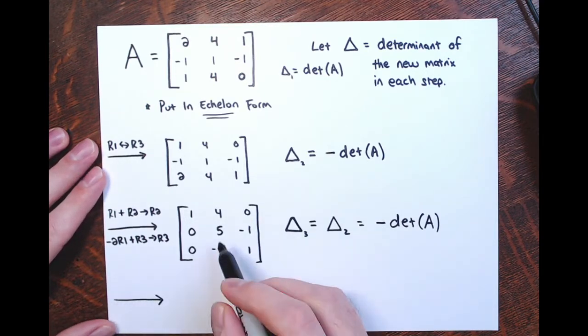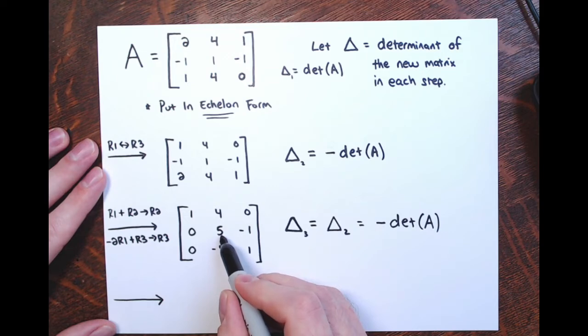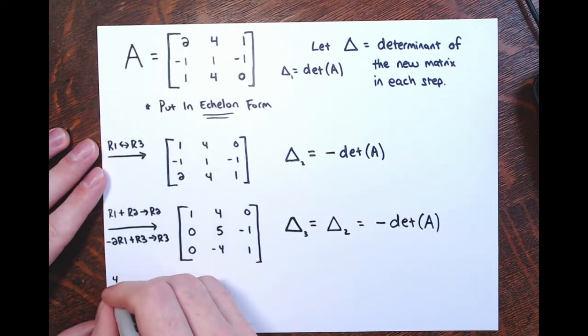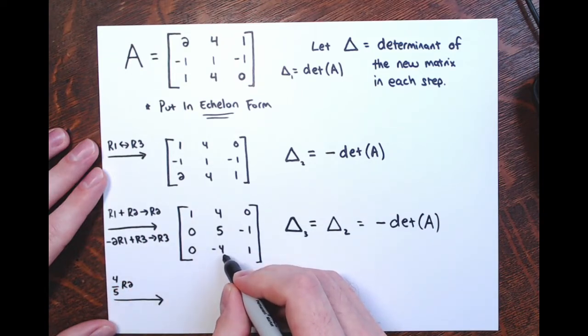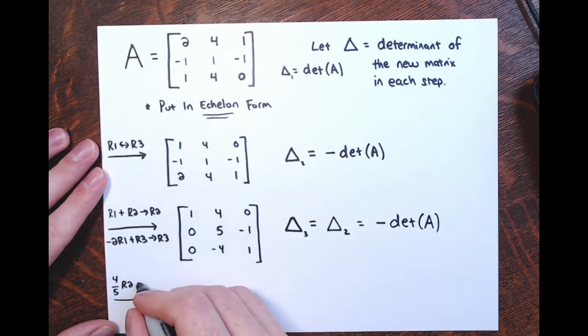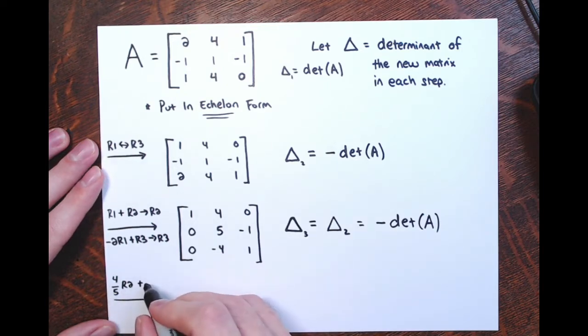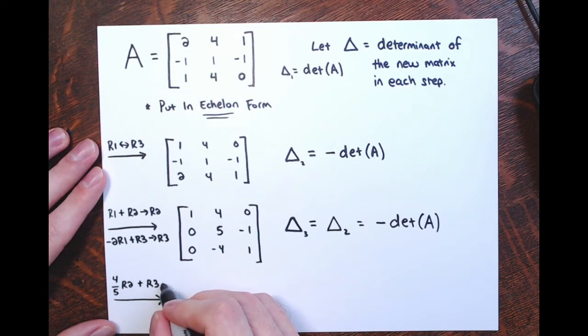So I'm going to take 4/5 of the second row, because that'll make that into a 4, and then add it to the third row, which would make this into a 0. So I'm multiplying the second row by 4/5, adding it to the third row, and that'll create a new third row.